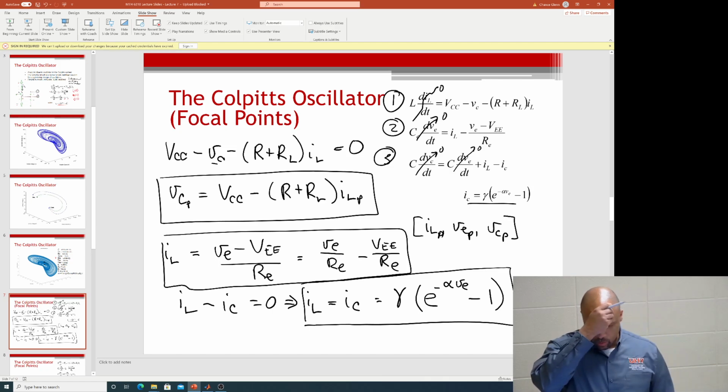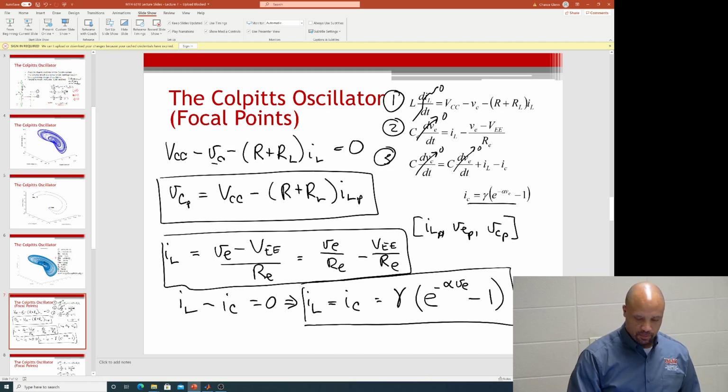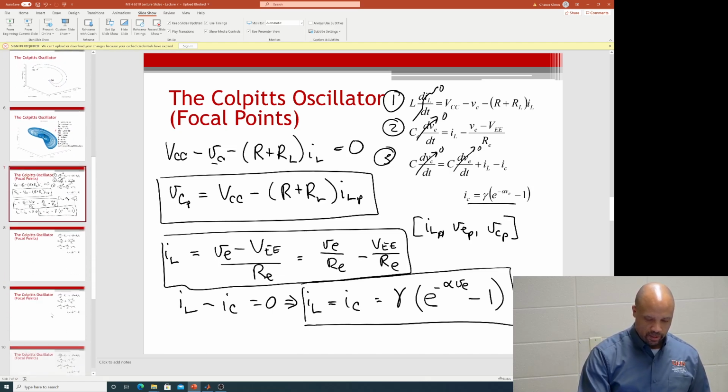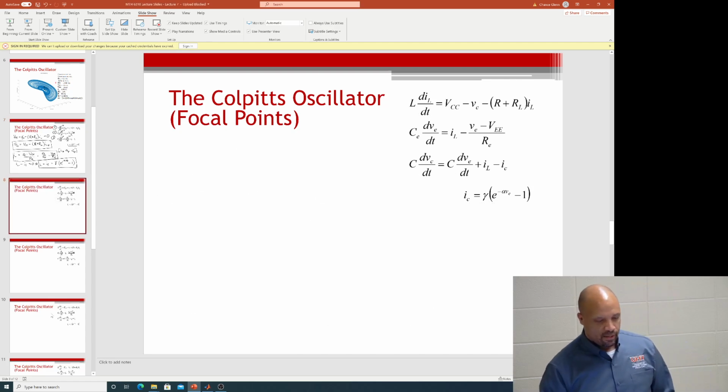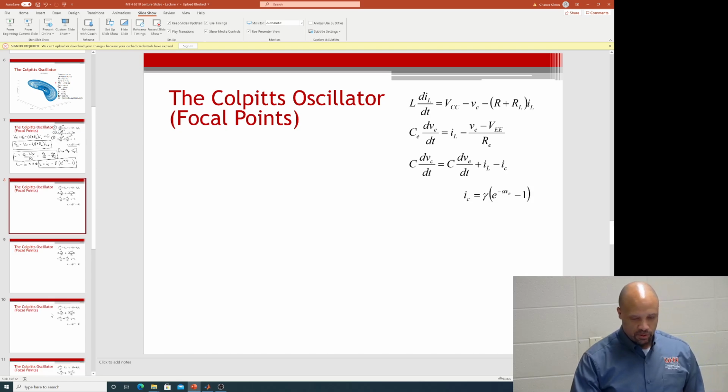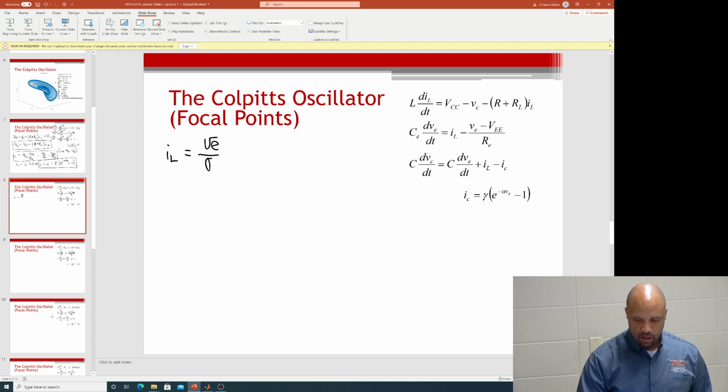Okay, so let's go to the next page here. All right. So we know that IL is equal to VE over RE minus VE EE over RE.